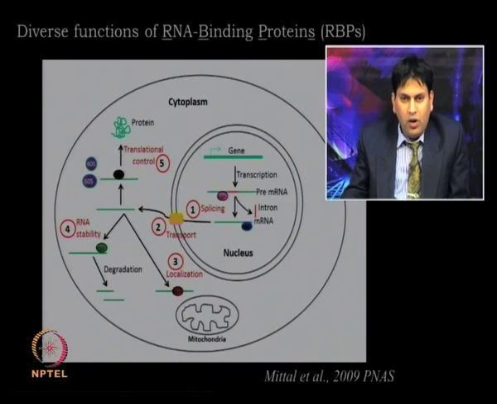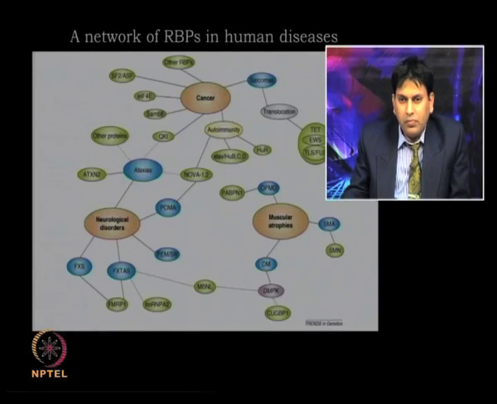They are also documented in controlling the stability of the transcripts, thereby promoting or degrading their expression. As is expected, a number of RNA binding proteins are associated with the ribosomal proteins to control the regulation of expression at the translation level.